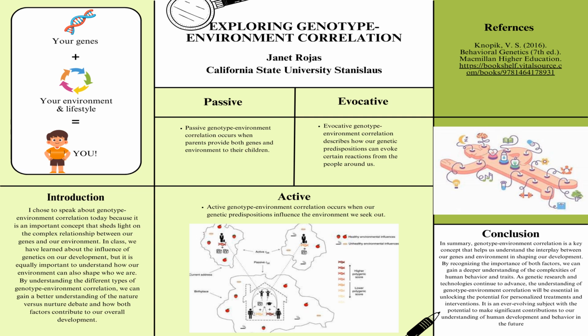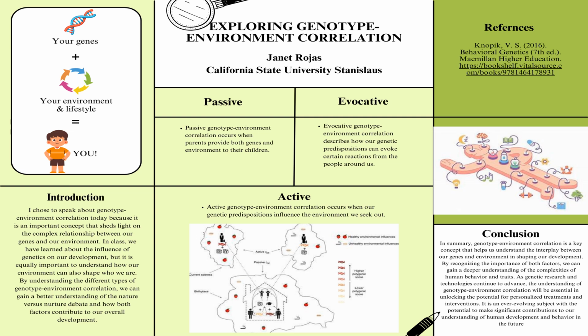So to wrap this up, genotype-environment correlation is a key concept that helps us understand the interplay between our genes and environment in shaping our development. By recognizing the impact of both elements, we can gain a deeper understanding of the complexities of human behavior and traits.